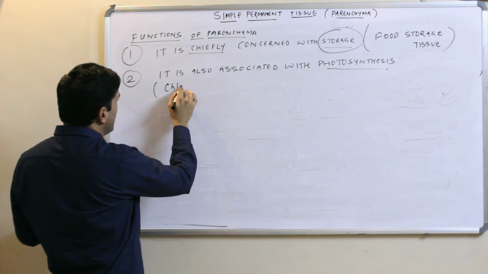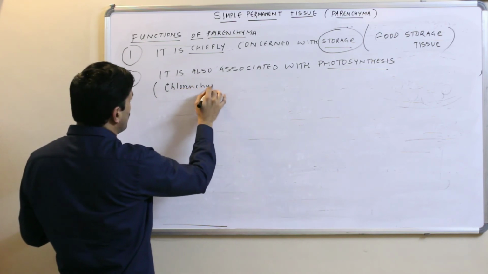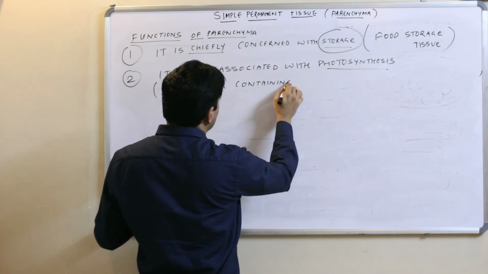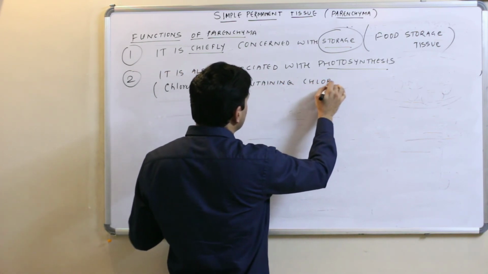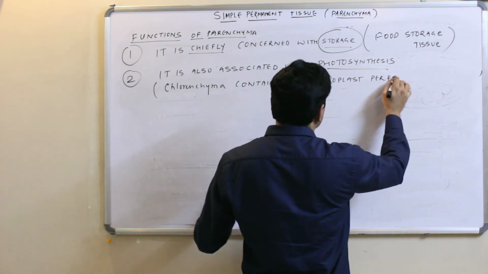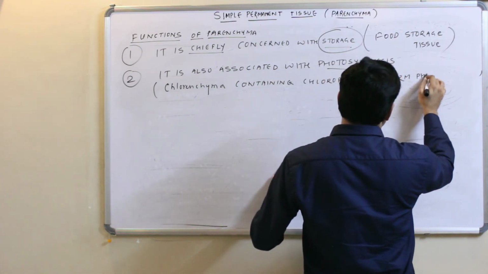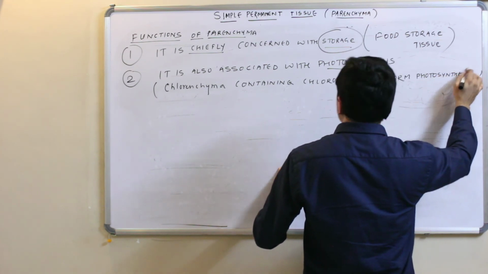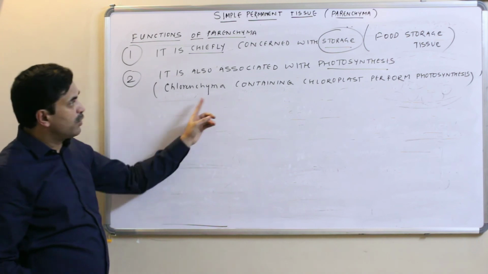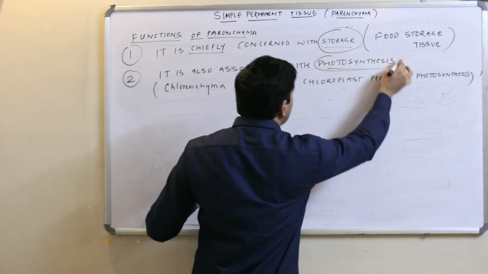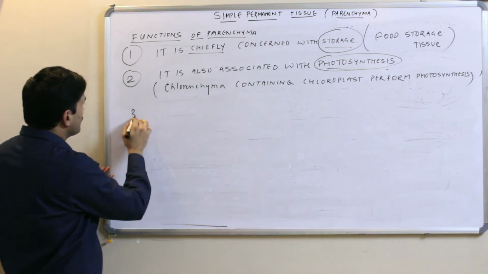The chlorenchyma containing chloroplast performs photosynthesis. Are you getting? Chlorenchyma containing chloroplast performs photosynthesis. So another function is photosynthesis.